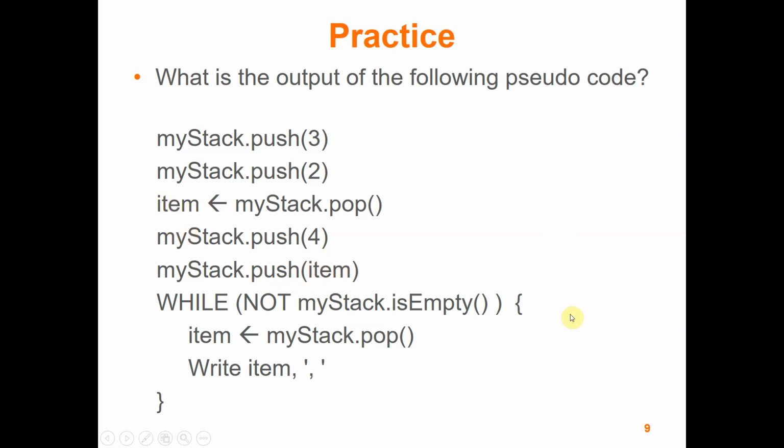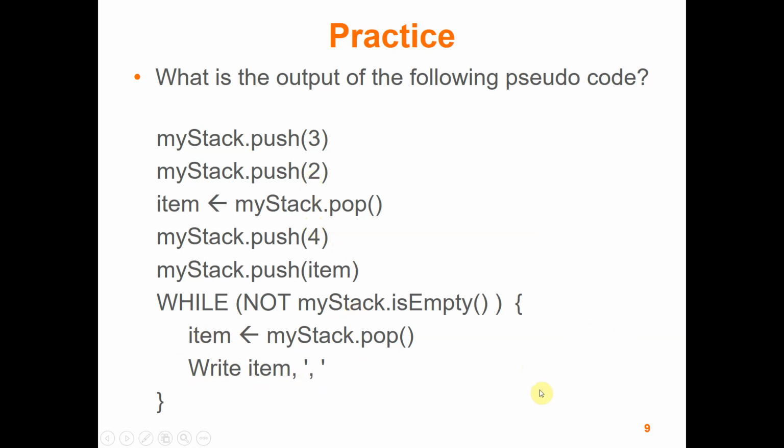So our stack becomes 3, 4, and 2. And as long as the stack is not empty, we pop the elements out of it, store each in the variable item, and print it, however it's done in any programming language.